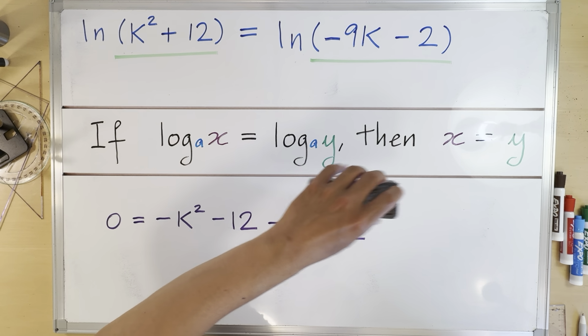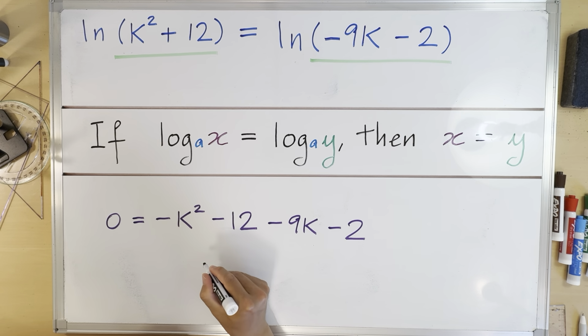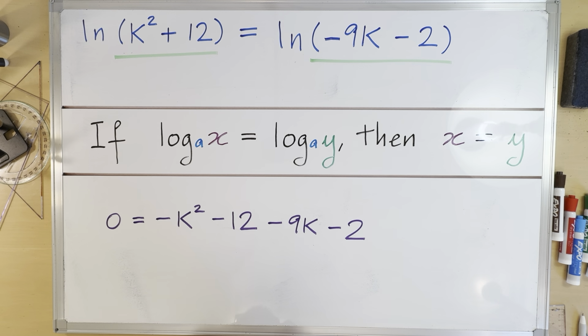Now, as you can see, we have negative 12 and negative 2, in which we can combine the two of them together.